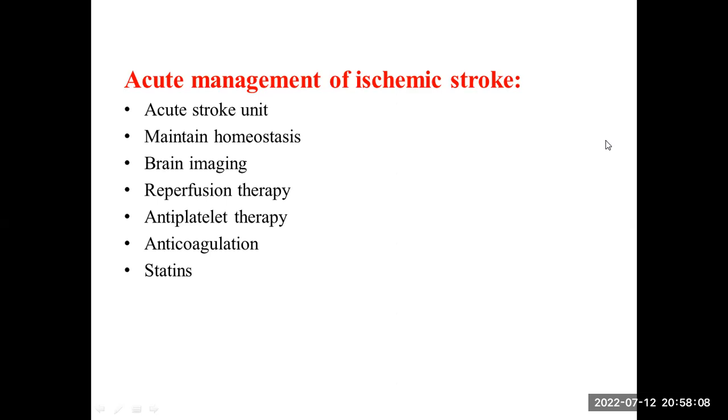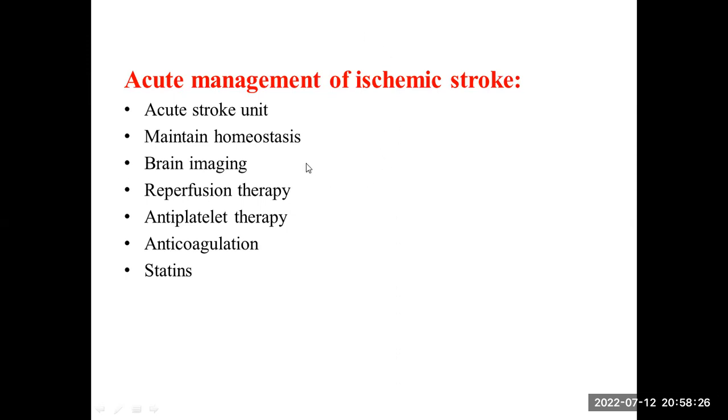So as a general rule, high blood pressure in association with acute stroke should not be lowered in the first week of the onset of stroke, unless there is an element of hypertension-induced target organ damage.